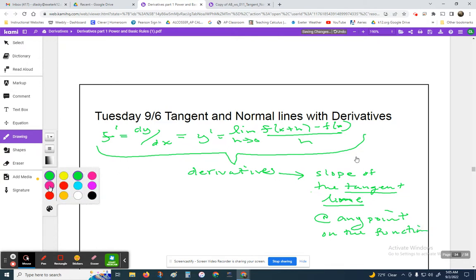Now, remember, a derivative means we are differentiating the function, right?